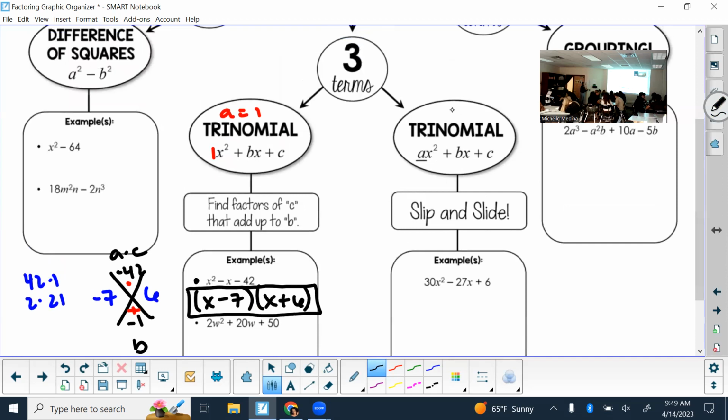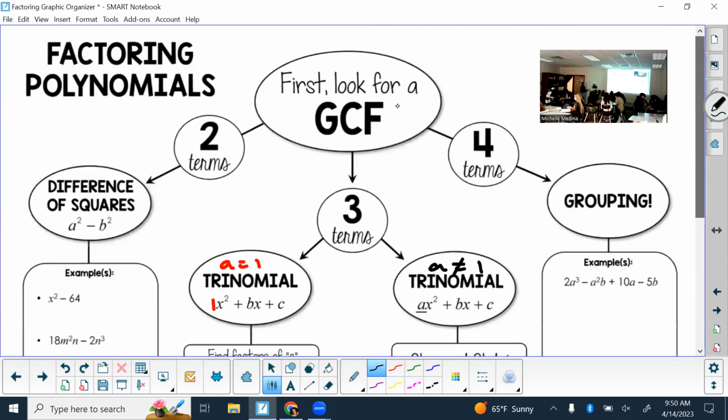So this one is when A is not 1. If A is not 1, really you just have a couple extra steps. So you can still do the diamond method, but first, before even doing that, see if there's a GCF.